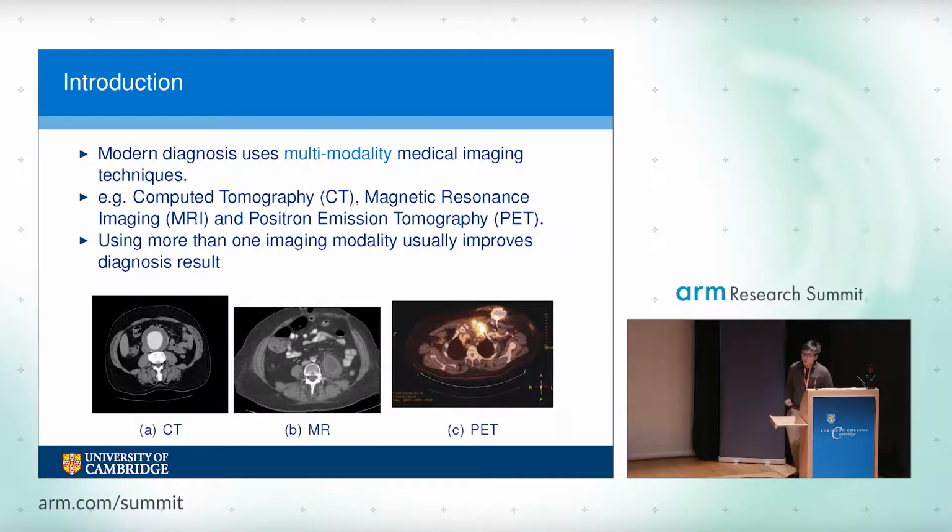And so for many diseases, for example, for cancer and for brain tumor, what the radiologists found is that if we use more than one image modality, it actually helps us to improve the diagnosis and the treatment.